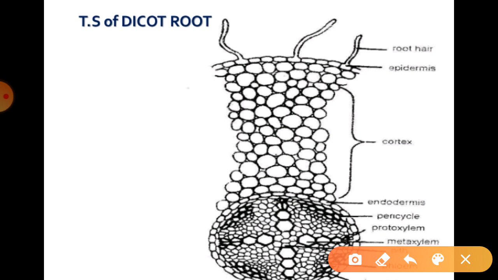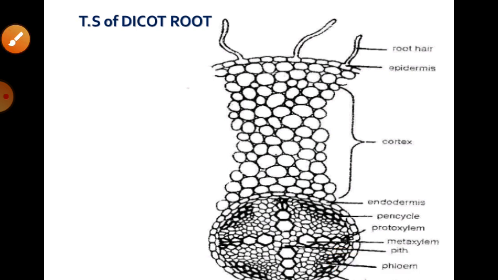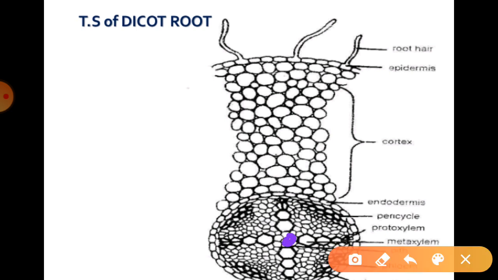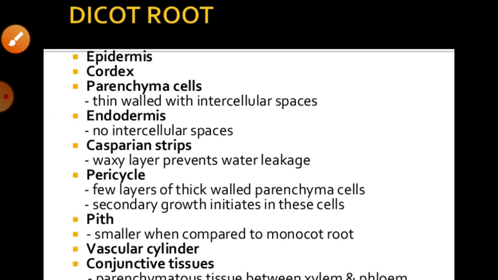You can just see, especially in this particular region, it may be very conspicuous. So again to summarize, on the basis of these structures, the identifying features of this dicot root are the presence of root hairs, endodermis with Casparian strips, absence of pith, radial bundles less than 8, and the presence of exarch xylem, right?